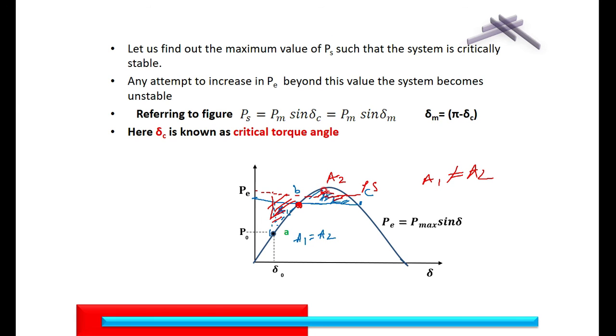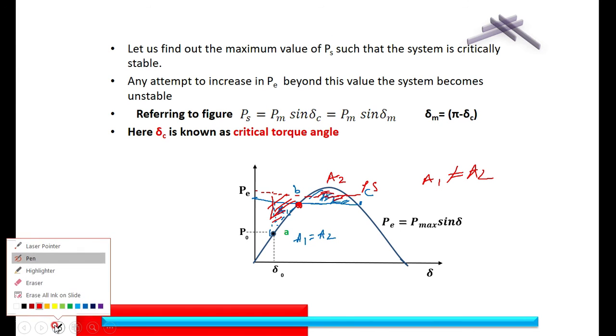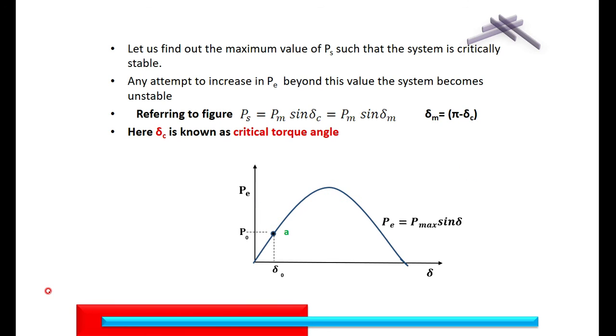That is what he is telling, that it is a critical point where the electrical input must be equal to the maximum mechanical power output of the machine. Therefore, any attempt to increase PE beyond this value, the system becomes unstable. Referring to the figure, I am drawing here the maximum PE I am increasing.